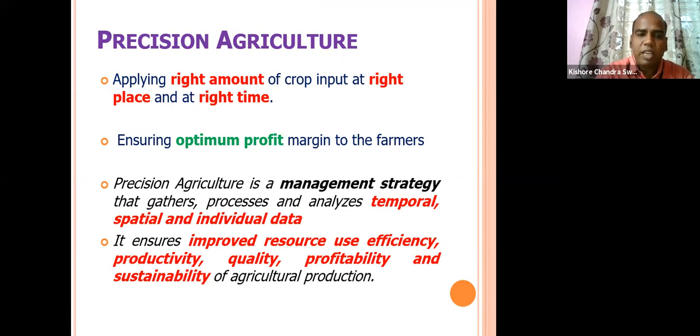It is what we are doing in agriculture, but in a specific manner where we can ensure optimum profit to the farmers, so that we can enhance their profit margin. And this can be a management strategy where we collect temporal, spatial, and individual data to get better efficiency, better productivity, better quality, and ensure profitability to the farmers in a sustainable manner.